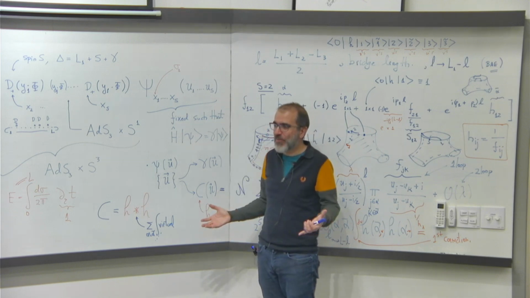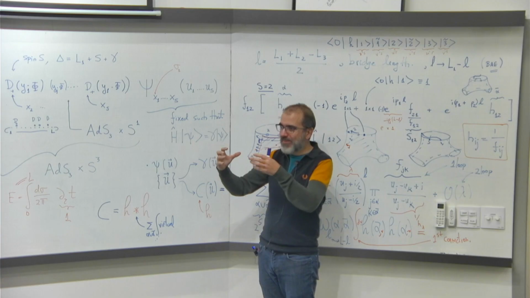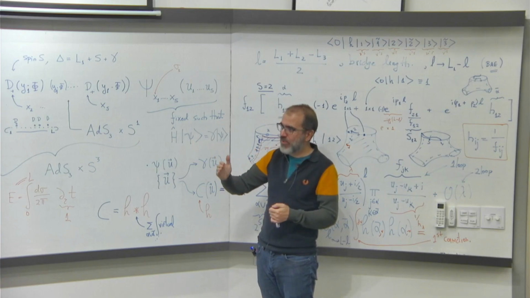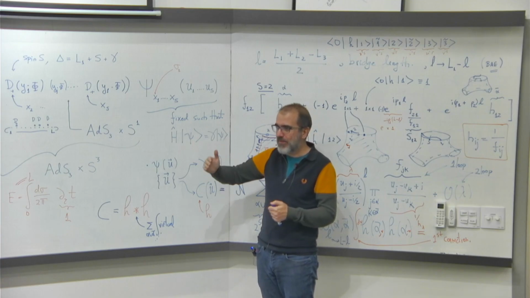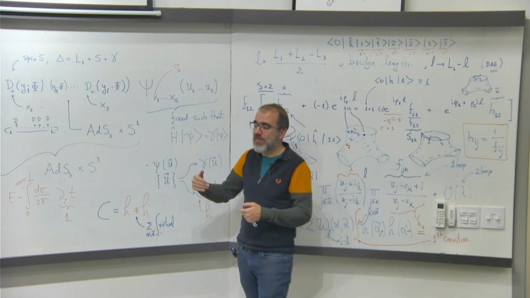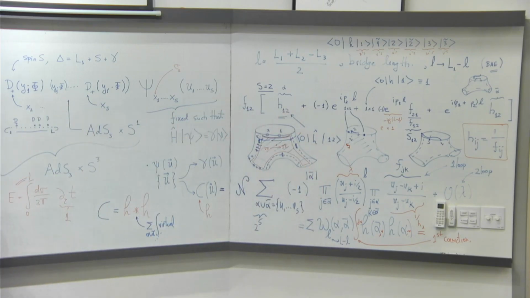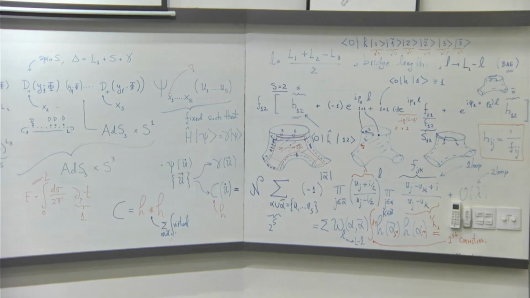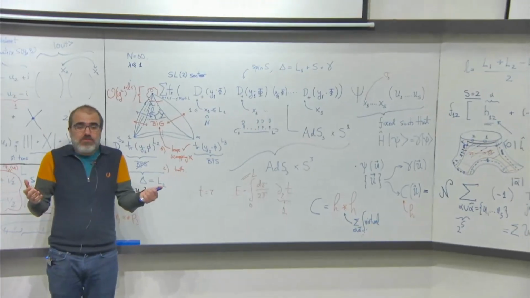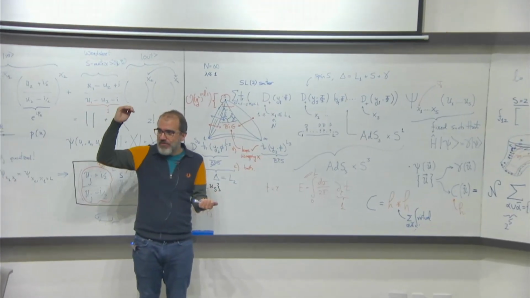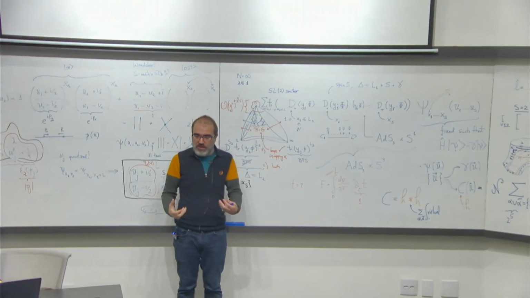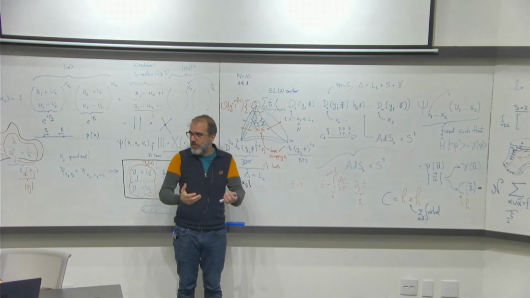No one can stop you. But the resolution of identity, the fact that it separates into sectors where it's vacuum, one particle, two particles, three particles, that is special to the theory being integrable. If you slightly deform, I would still label the states, state 1, 2, 3, 4, but they don't have this simple characterization as one particle, two particle, three particle.